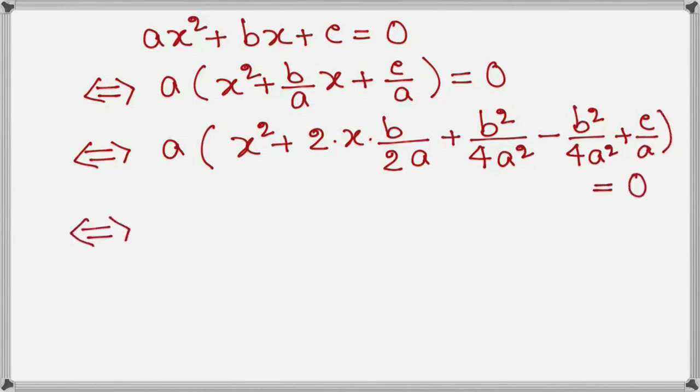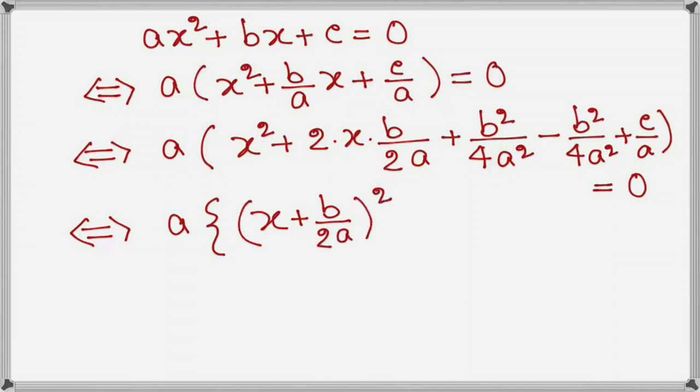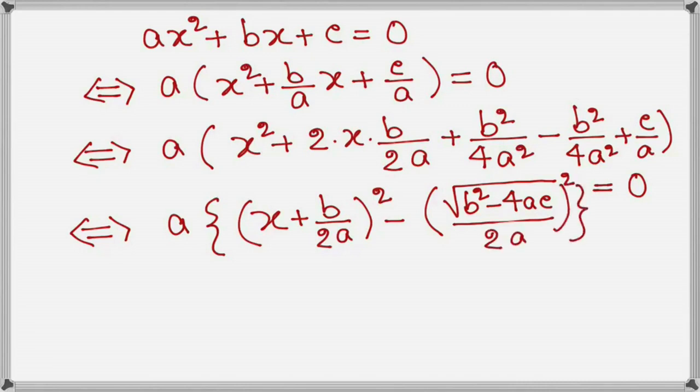So we have a into ((x + b/2a)² − (√(b² − 4ac)/2a)²) = 0.